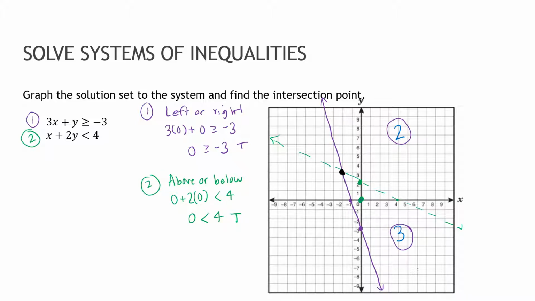It is true. 0 does happen to be less than 4. Because it's true, the 0, 0 should be shaded, which means below the line, whereas before we said to the right. So below the line is shaded, which means it can no longer be 2, it's got to be zone 3. So how am I going to shade it? I'm going to shade everything in this region.